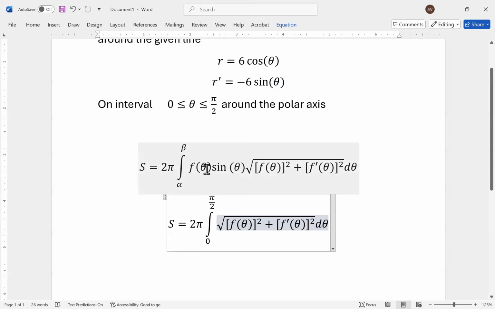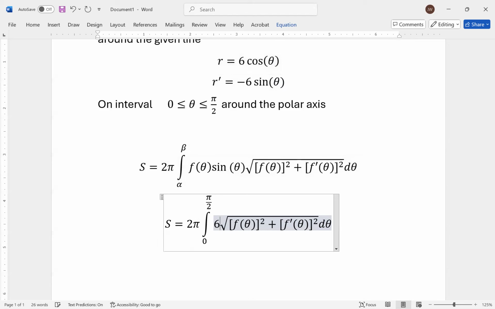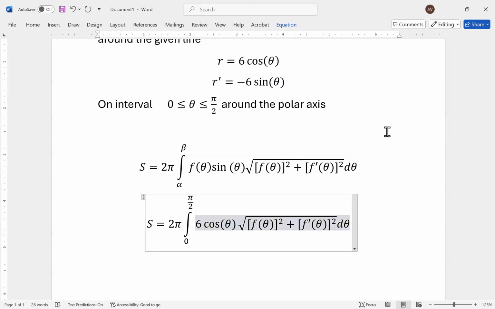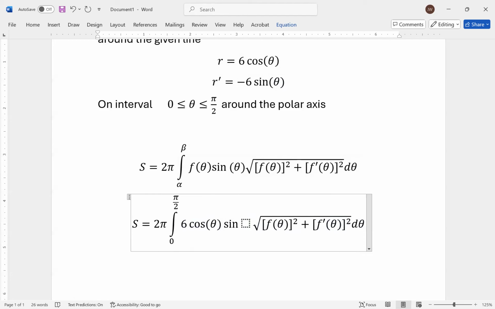So this is the function times sine of theta. The function is 6 cosine theta. And then we multiply times sine of theta.